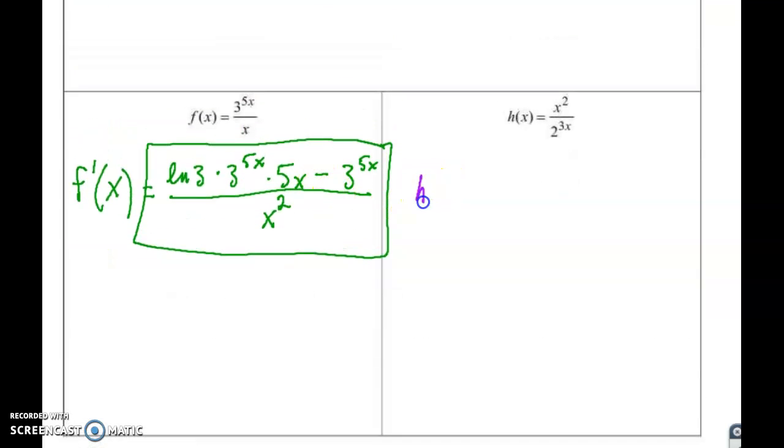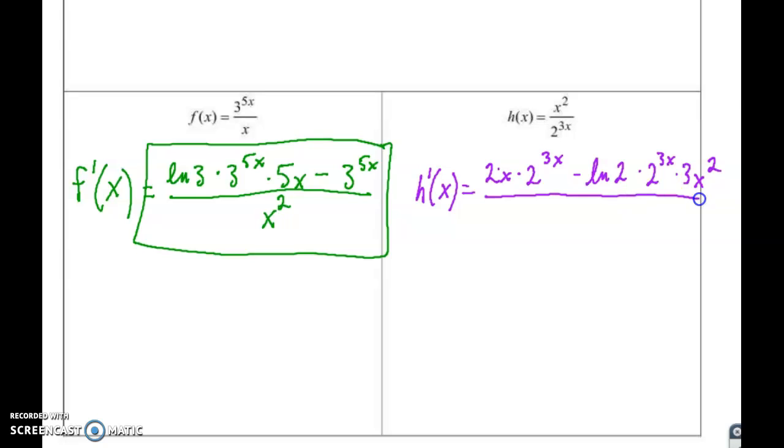Is another quotient rule. The derivative of the top is 2x. Leave the bottom alone. But again, you could combine with multiplying with the same base. Minus derivative of the bottom. Don't forget about the chain rule there. Times the top. All over the denominator squared, which I would write instead of that thing squared, you'd multiply a power to a power. A power to a power is multiplication.